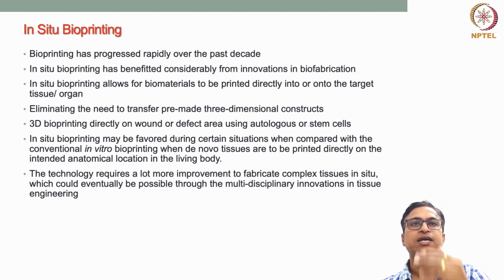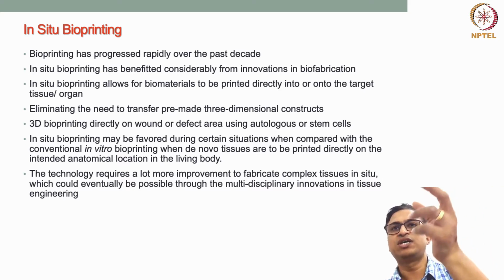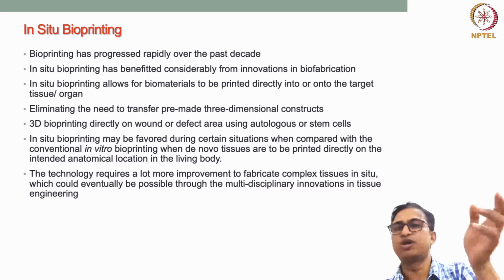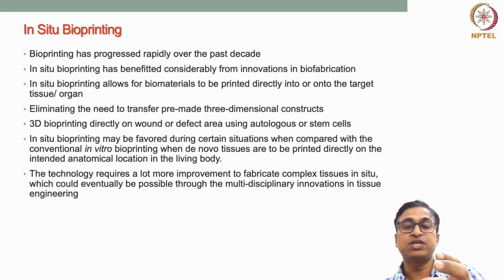Here we are directly printing the construct on the patient's own bed. So in this case, there is no need to pre-print the tissue or organ structure with the help of a bioprinter on a stage and then take it to the surgeons, to the clinic, to the surgery room, and implant it on the patient.